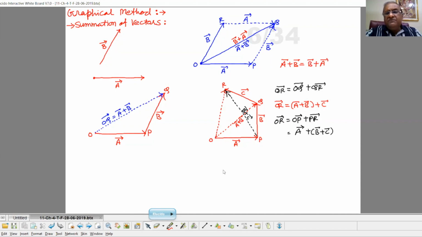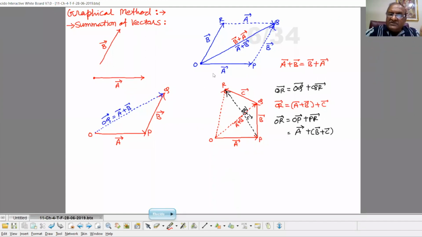Means if we take A plus B and then sum it up with C, or we take the summation of B and C and then sum it with A, the answer will be the same.